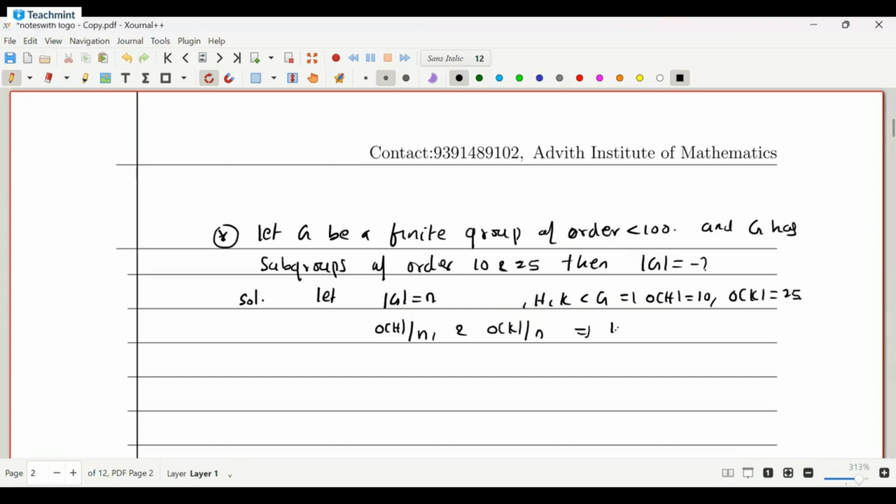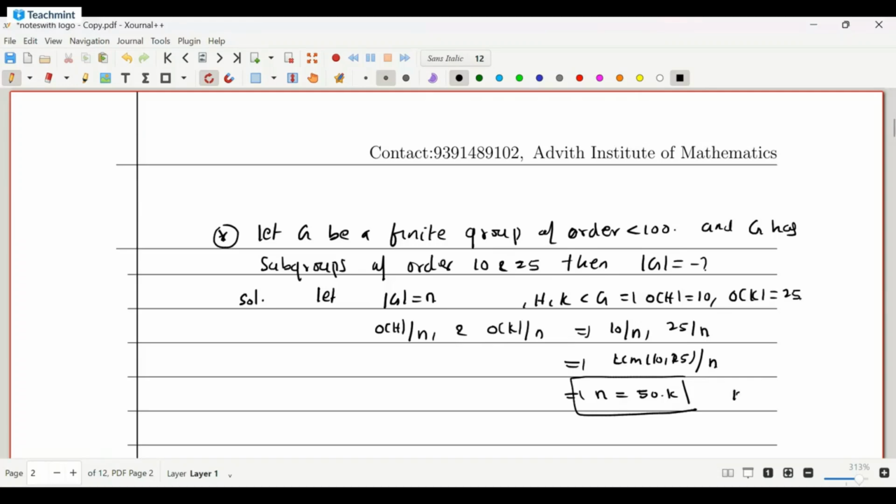So 10 divides n and 25 divides n. If 10 divides n and 25 divides n, then the LCM of 10 and 25 also divides n. So n is a multiple of the LCM of 10 and 25, which is 50. So n is 50 into k, where k is equal to 1, 2, 3, and so on.